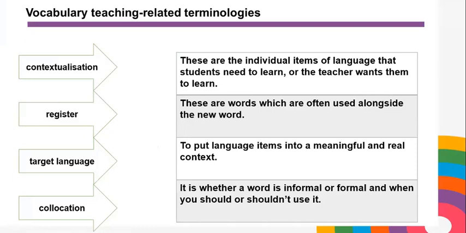Now let's start. Who could give me the answer to the first definition? These are the individual items of language that students need to learn or the teacher wants them to learn. Which word is related to this?